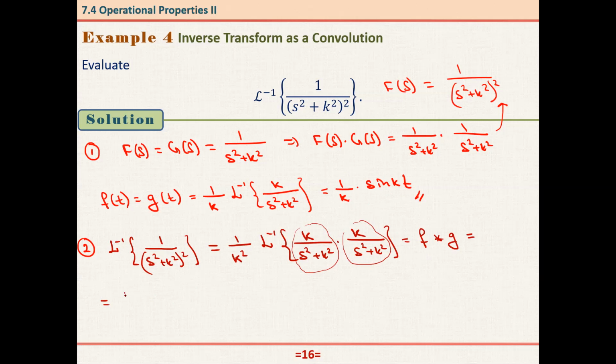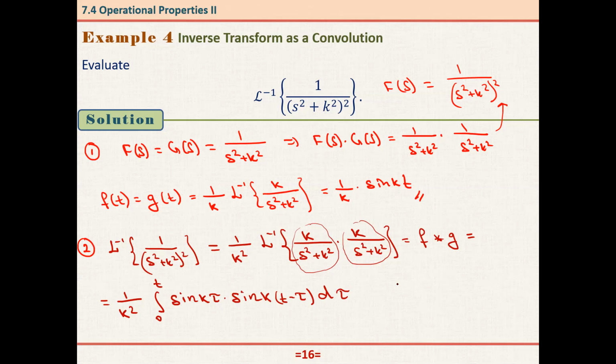So we can write it now as 1 over k squared times the integral from 0 to t of sine of k tau, because here we have f of tau, times g of t minus tau. G is also sine, so here we have sine of k times t minus tau, and d tau.